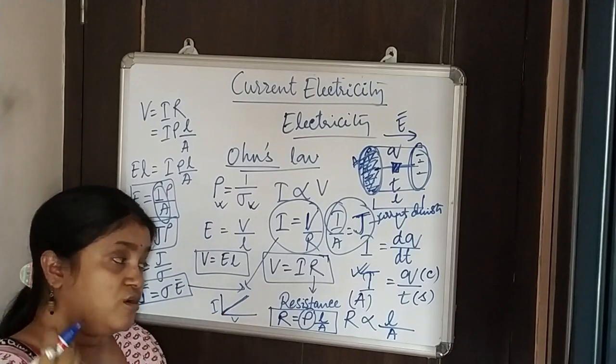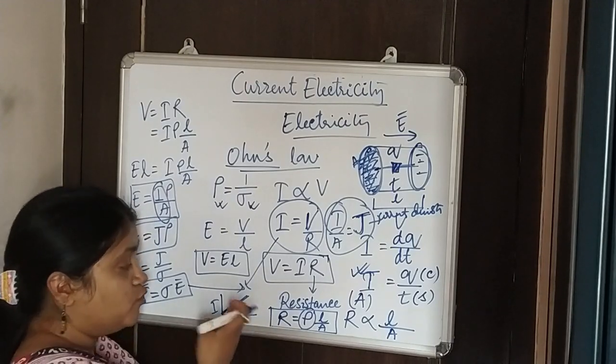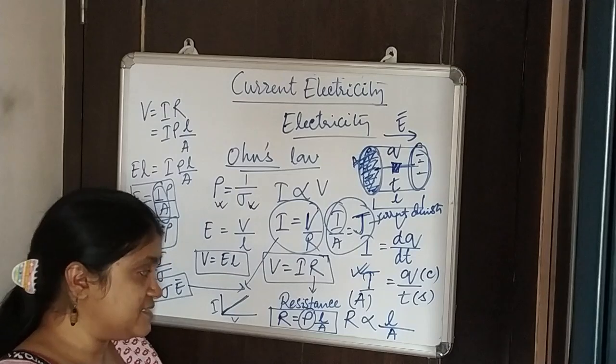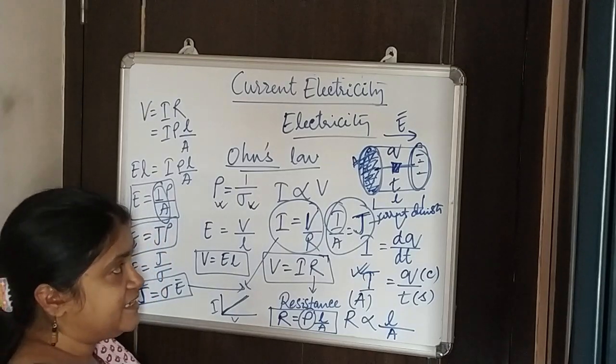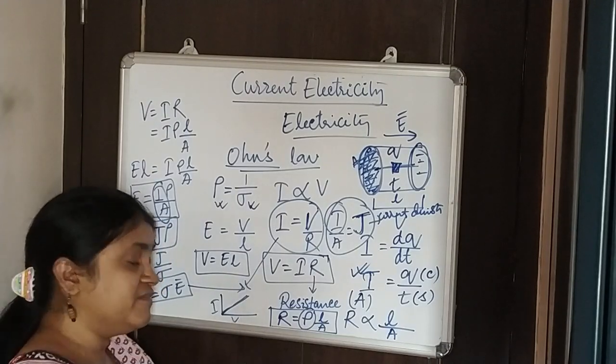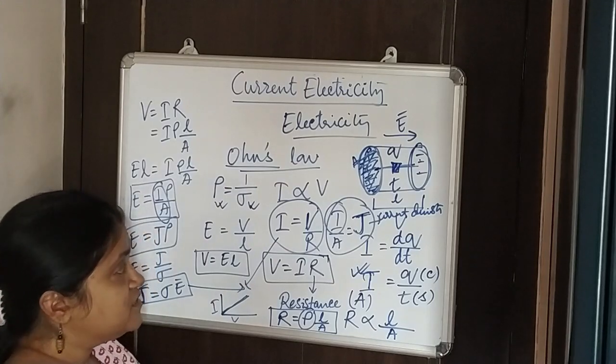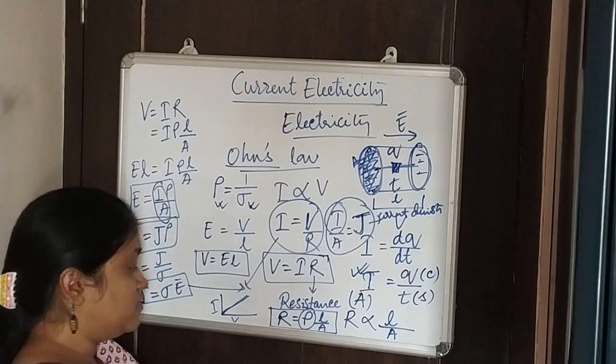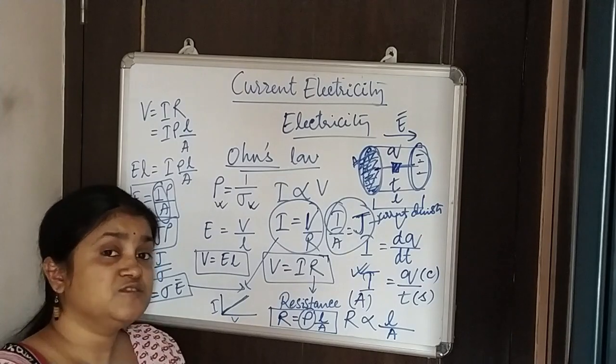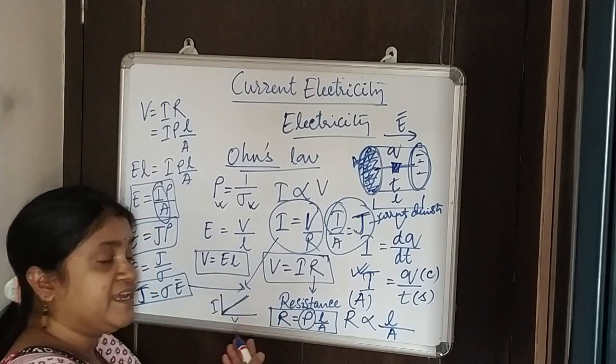The materials or devices that follow Ohm's law we call ohmic devices. Whereas there are semiconductors, where the IV characteristics are not the same. It is not a straight line.